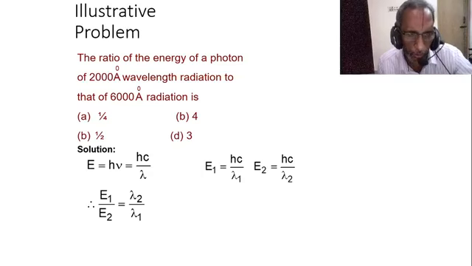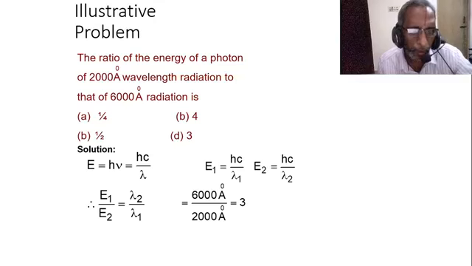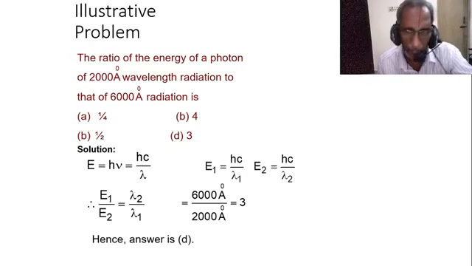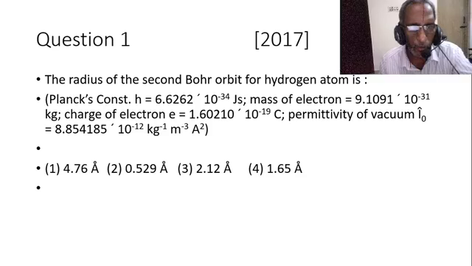Lambda 2 here is 6000 angstrom, lambda 1 is 2000 angstrom, so the ratio equals 3. Option D is the correct choice. This we have seen, this also we have seen. Anyhow, everybody please make a note.